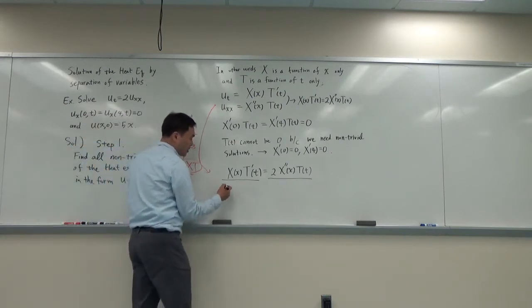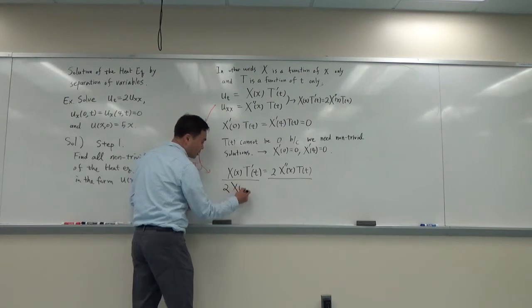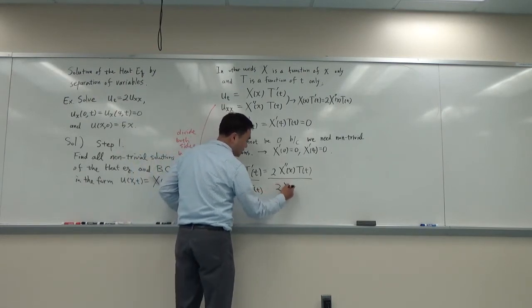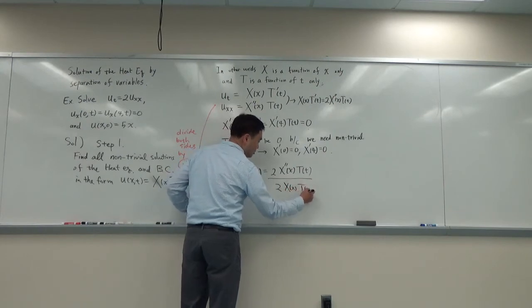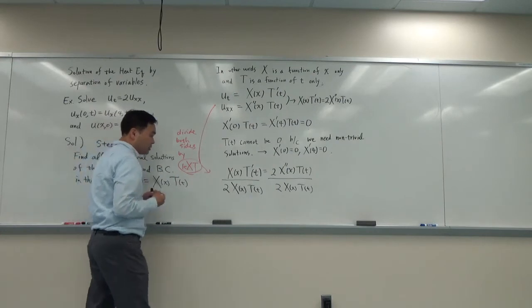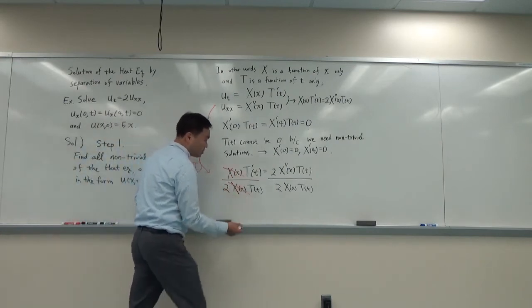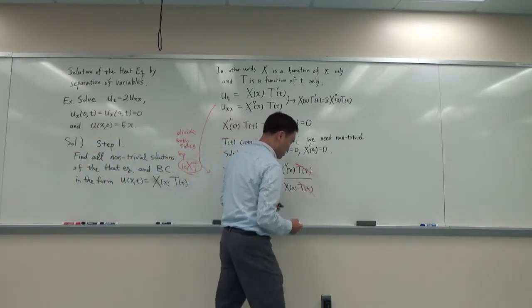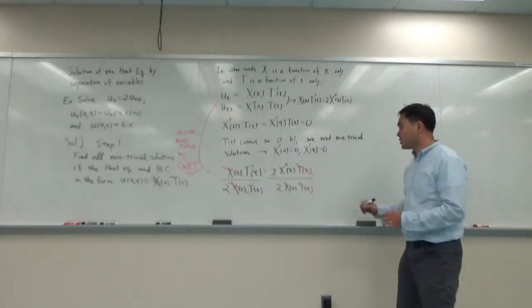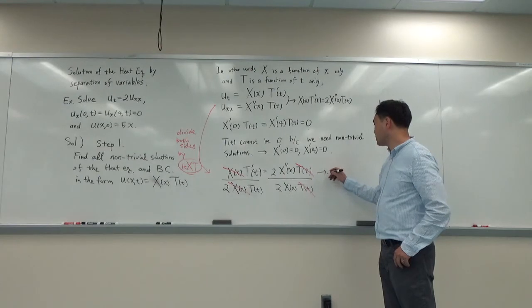So you want to divide by 2 times X of x, T of t, so that X of x will cancel and T of t will cancel. And you get the following thing.